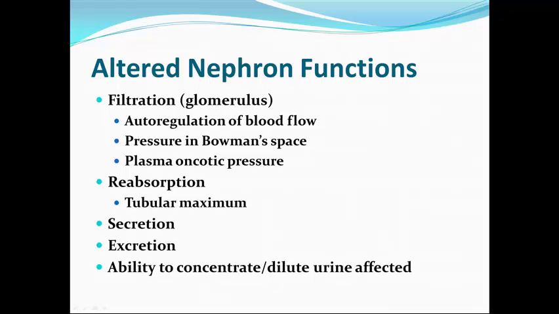Those juxtamedullary nephrons are where the vasa recta is. Those are the nephrons that we physiologically shunt blood to in times of stress, which would include low volume states, as well as shunting in that direction to stimulate the renin-angiotensin-aldosterone system.